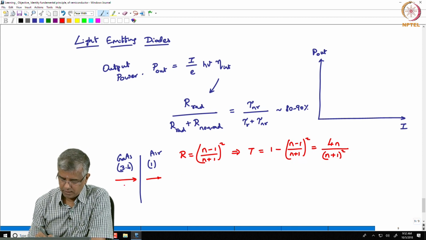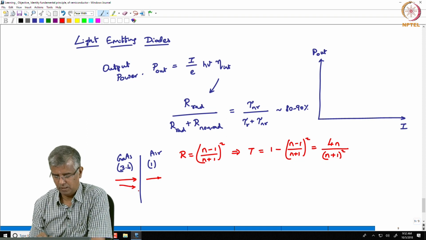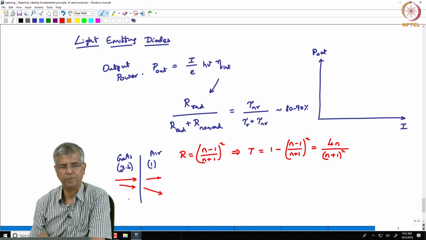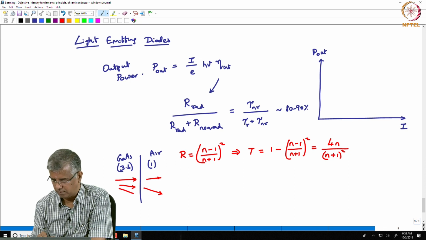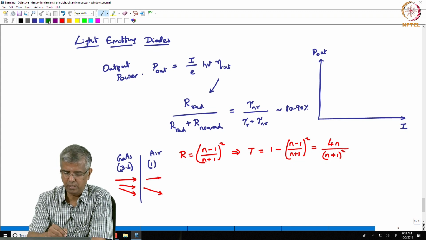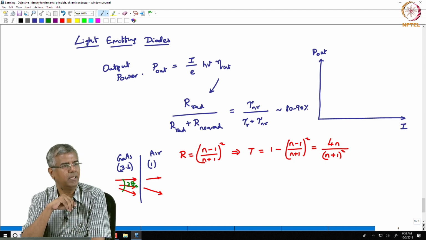Not only that, if you have some off axis emission, that will also refract and go out like this. But you keep looking at larger and larger off axis angles, and especially at angles greater than the critical angle, then what happens?